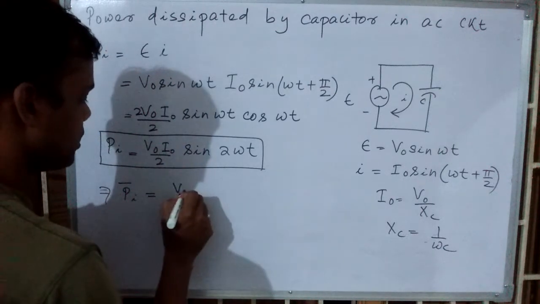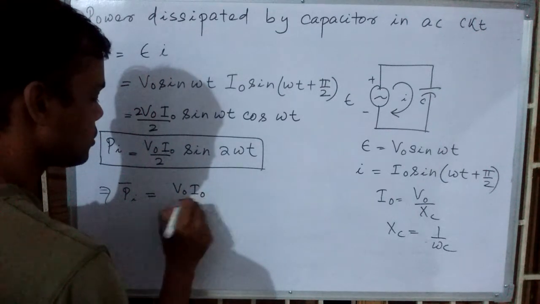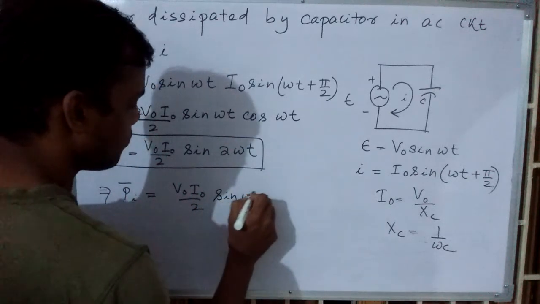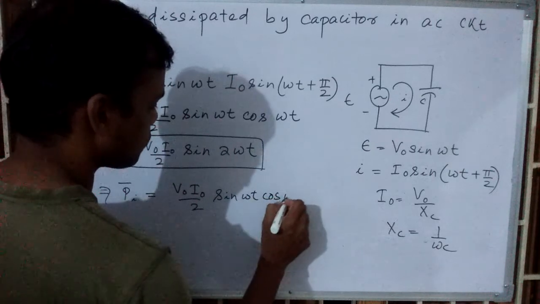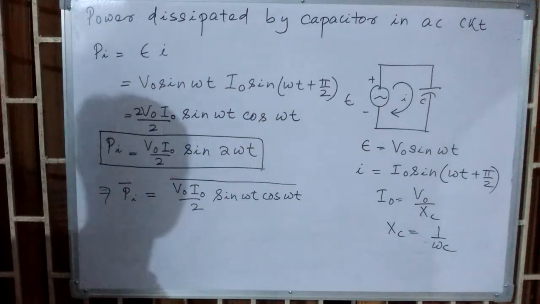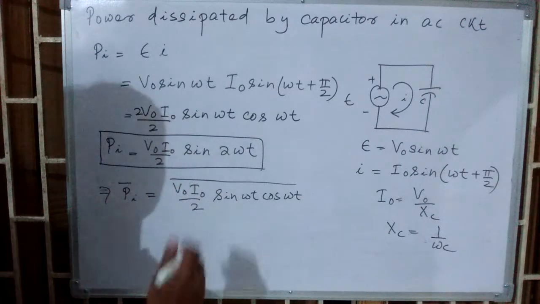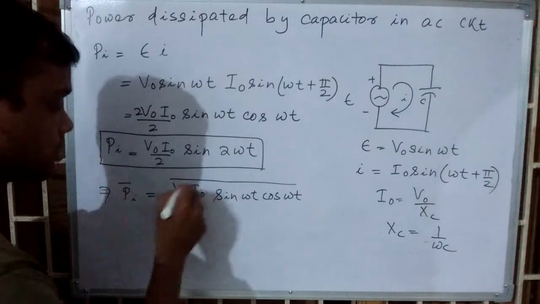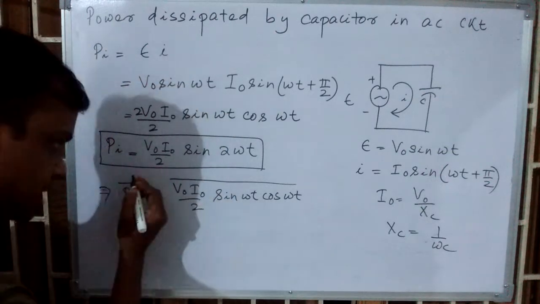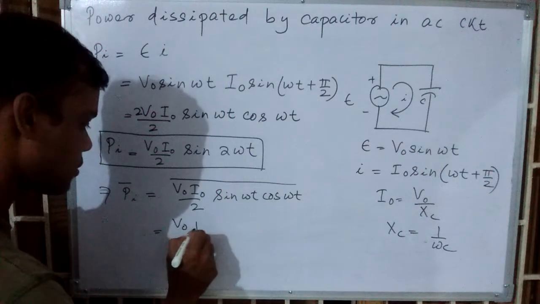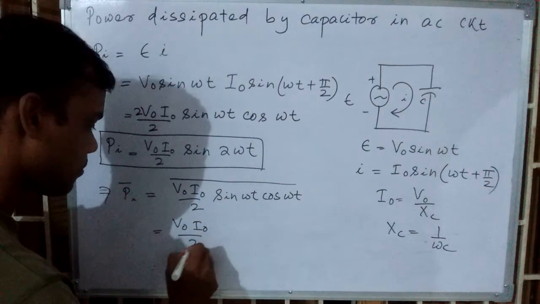Since V naught I naught by 2 is a constant value, just take it outside the average sign.